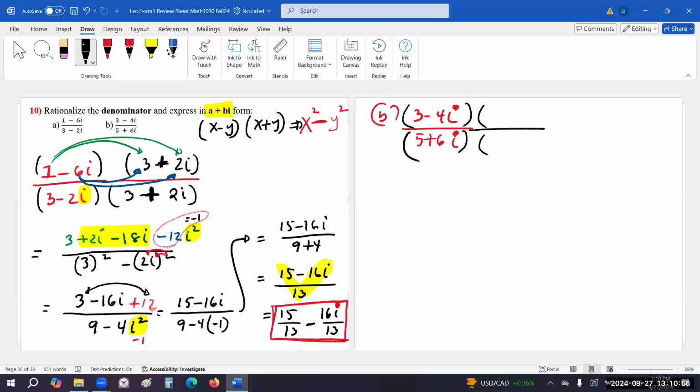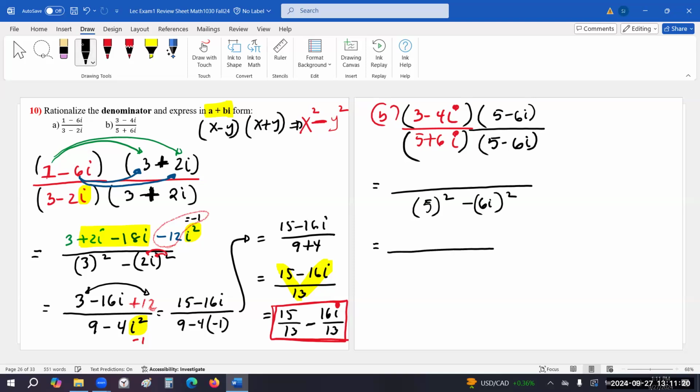Vansh, what do you multiply top and bottom by? 5 minus 6i. Wonderful. So what do you get on the denominator? 5 squared minus 6i squared, which becomes 25 minus 36i squared.